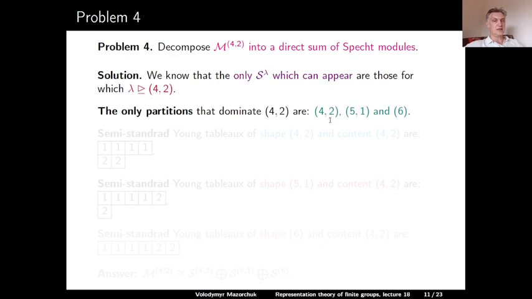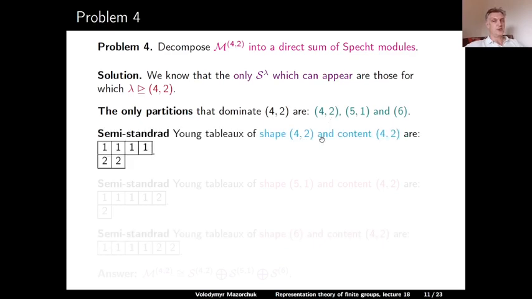Well, and then the answer, the multiplicity of the Specht module in the permutation module, is the number of semi-standard Young tableaux of shape the index of the permutation module, and of content the index of the Specht module.